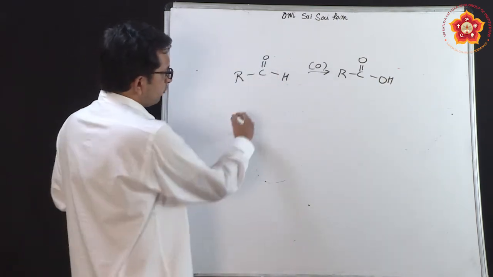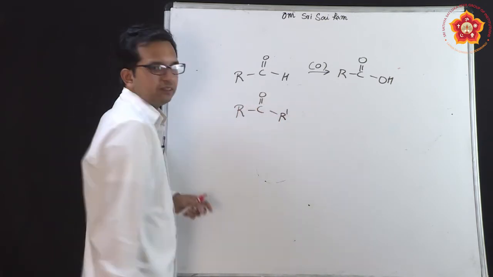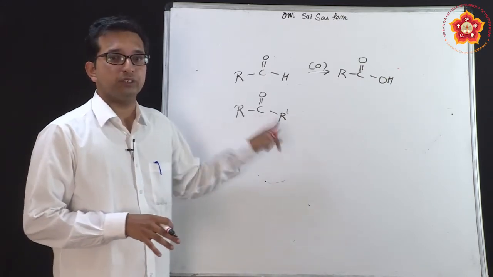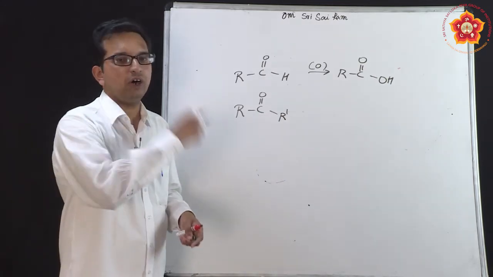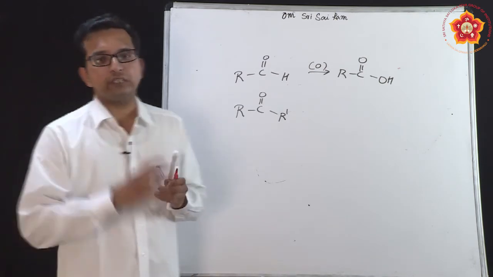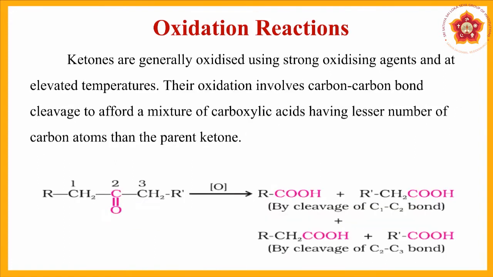But if you use a weak oxidizing agent with ketones, it may not be possible, because ketones have big groups on both sides. So to introduce one oxygen in this case, you definitely need stronger oxidizing agents. So what are the strong oxidizing agents that we have here? This actually involves a breakage of the carbon-carbon bond, followed by oxidation of those broken parts.